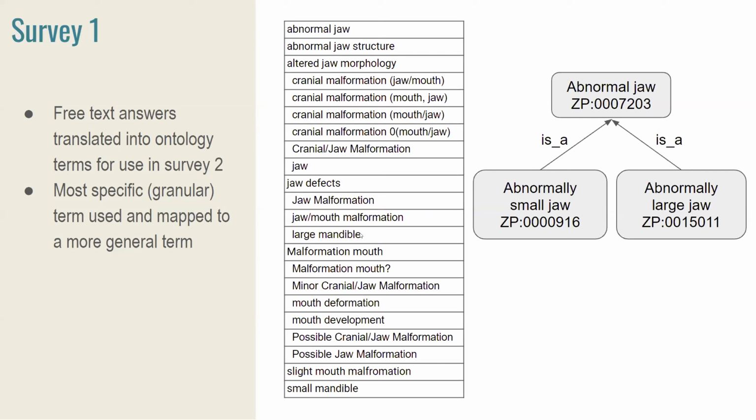But we did get some more specific terms like large mandible or small mandible. And these were translated to the more specific ontology terms here, but because not everyone annotated to the same degree of granularity, we had one analysis where all of these granular terms were converted to a general term and then analyzed, and then another analysis where we kept everything as granular as possible.